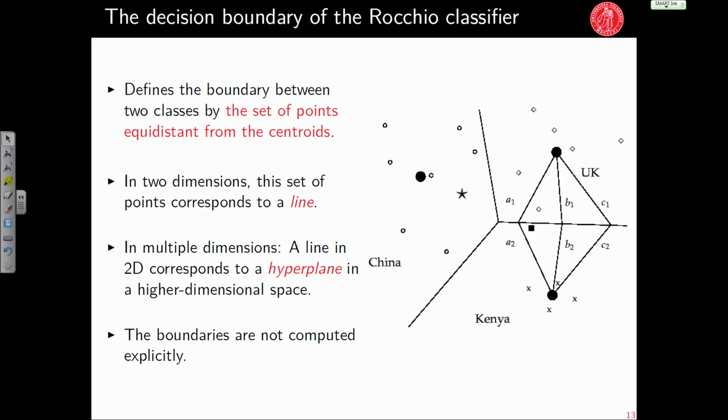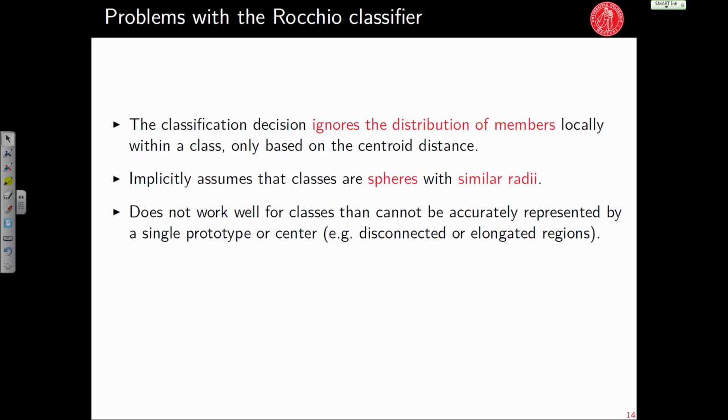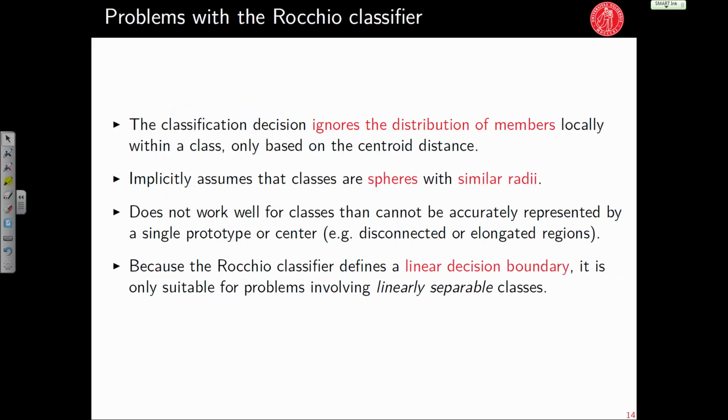So this is a set of linearly separable classes. There are cases where you cannot actually draw a line and separate these points. And this is where KNN comes into the picture, when we start working with non-linearly separable classes.